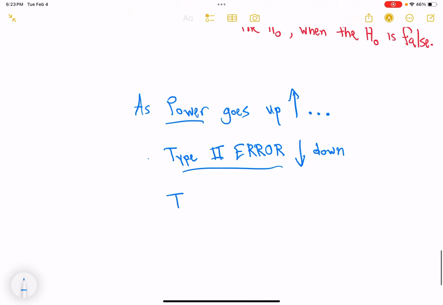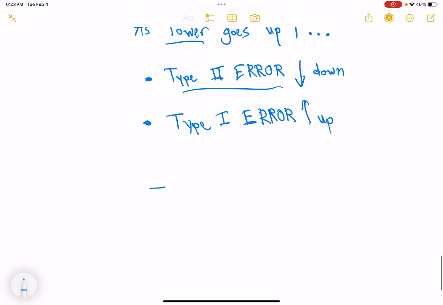But type 1 error goes up. And that should make sense, right? Type 1 error is measured by the alpha. This is my sort of full circle moment with you. Remember we were setting what the alpha is.